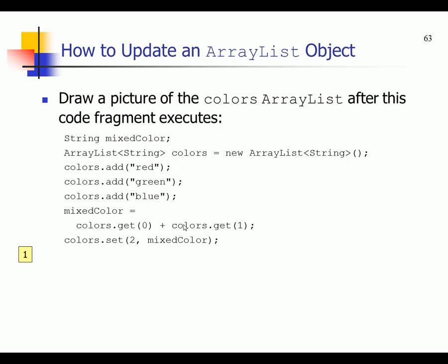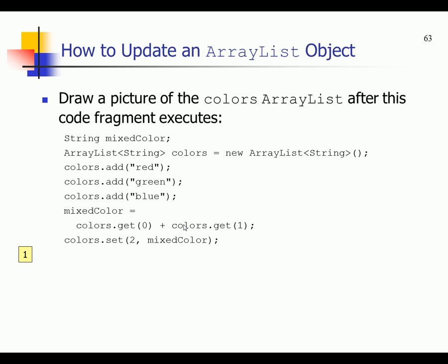So if I said colors.add(1, black), what would happen? Forget mixed colors. Just go with red, green, blue. So 0 is red, 1's green, 2's blue. If I said colors.add(1, black), what would my final result be?